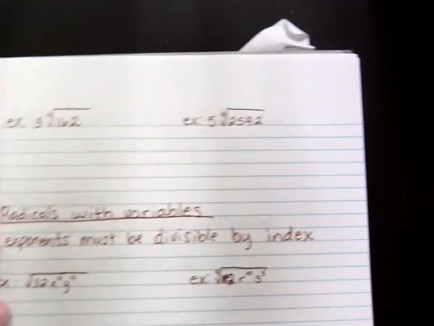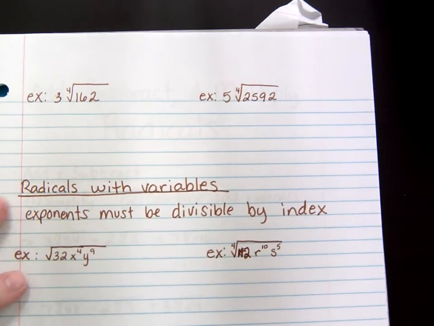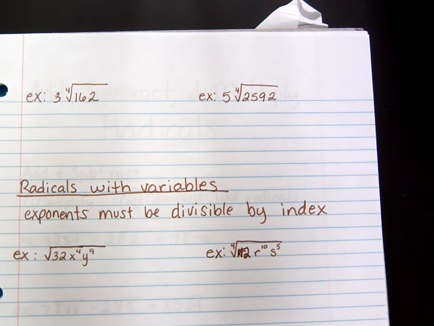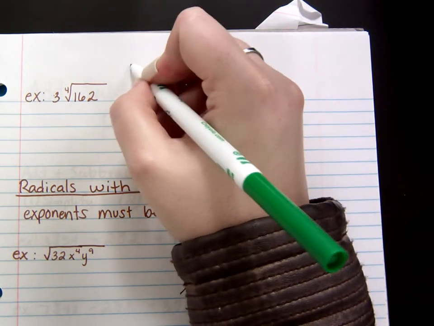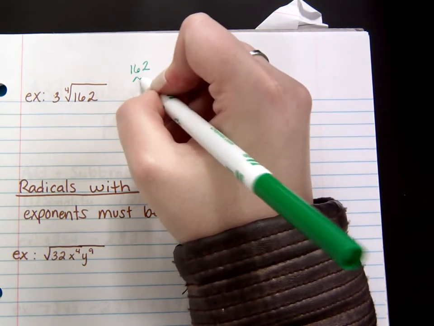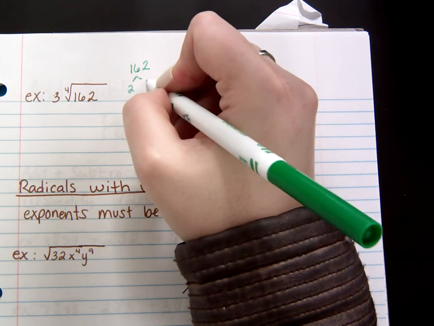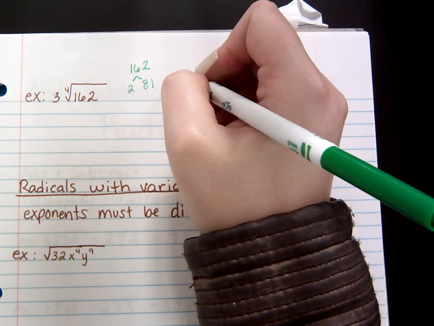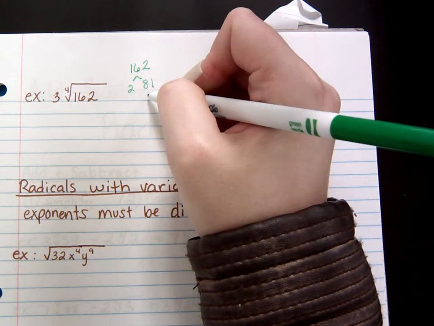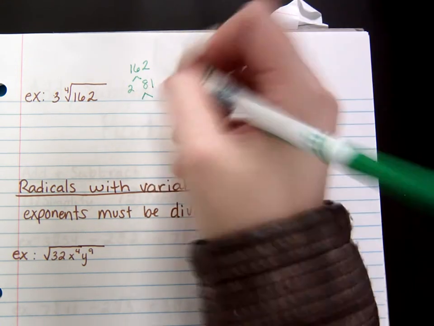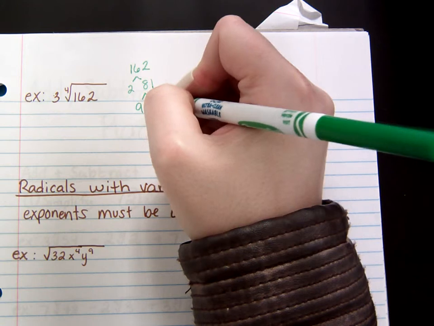Alright, a couple more examples, and then we're going to do some with variables. Now, these are both fourth roots, but you do this the same way you did the others. You start by taking your number and breaking it down. So this is 2 and 81. Now, if you know your perfect fourths, you'll recognize that 81 is a perfect fourth, but let's say you don't. 81 is 9 times 9.